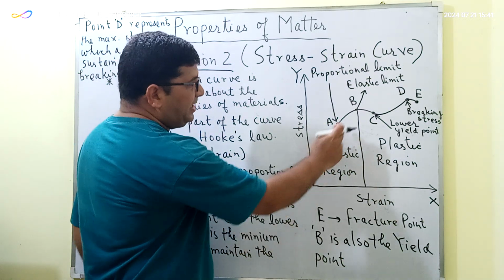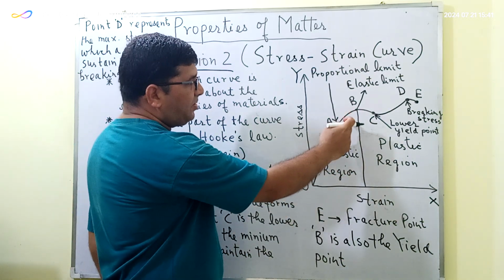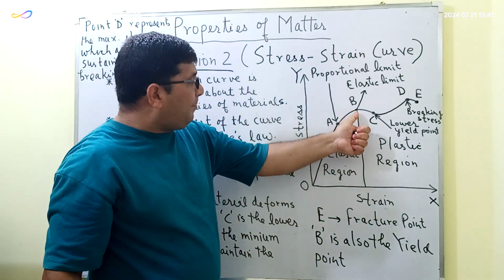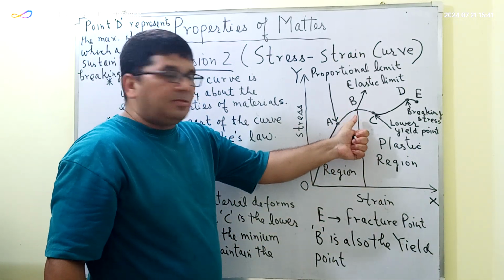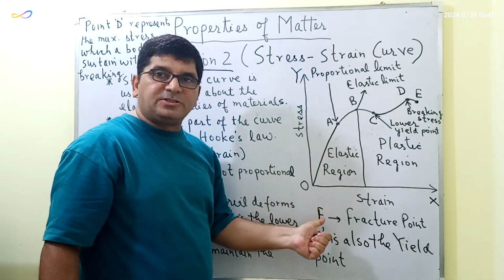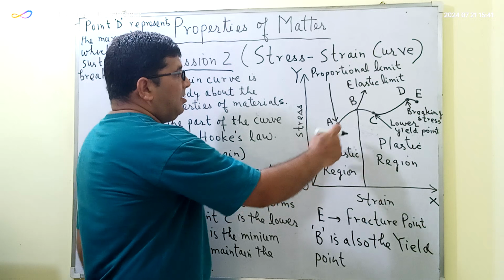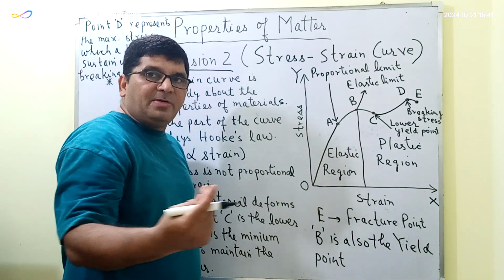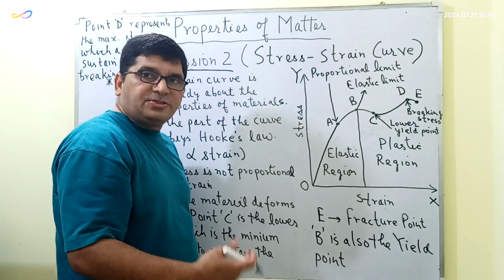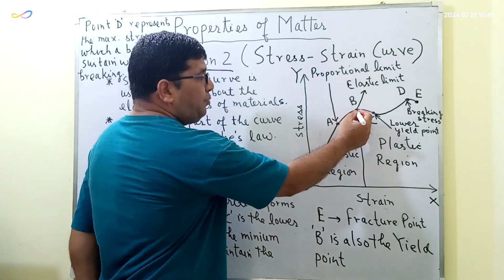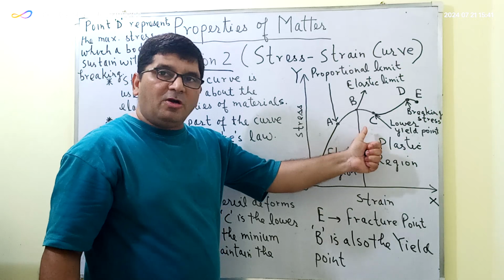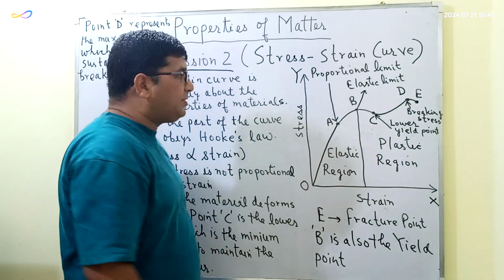If the stress applied on the body is removed, then up to this point B, the material will be able to regain its original shape and size. But beyond this point B, the material will not be able to regain its original shape and size.